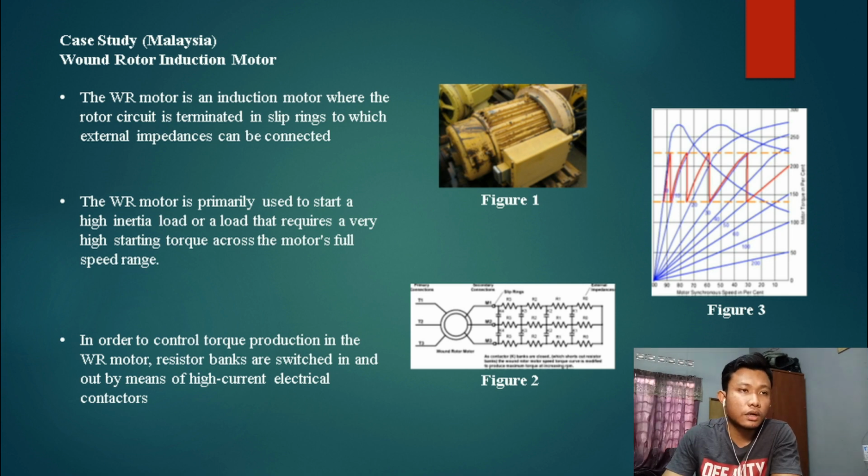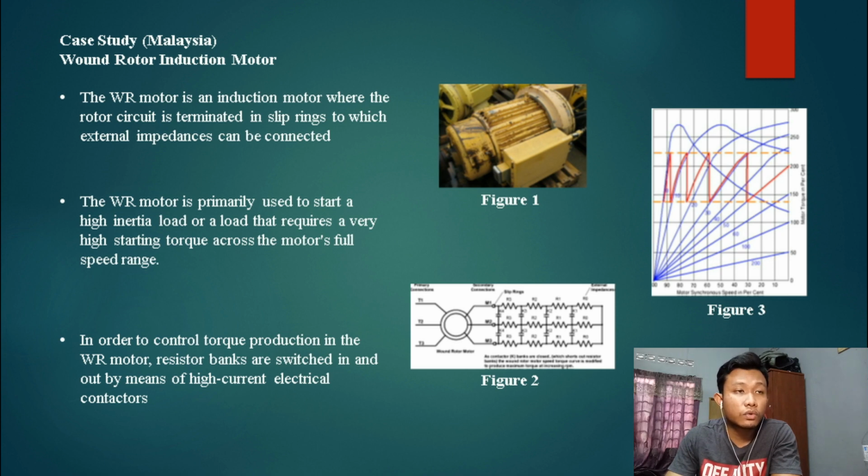Generally speaking, what is to be accomplished by the secondary resistor controller is shown in the aforementioned chart, which is a representation of the speed to torque characteristic of a wound rotor motor that you can see in figure 3. That is the general representation of torque production in a wound rotor motor.